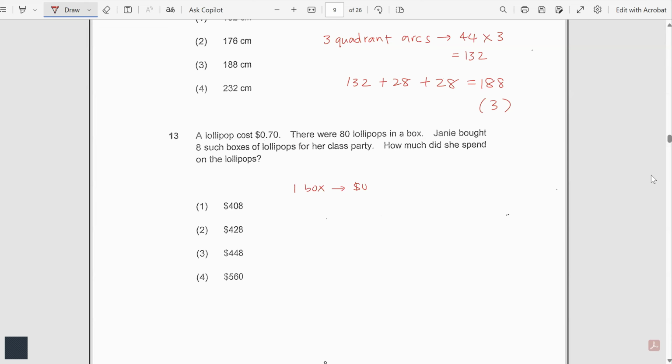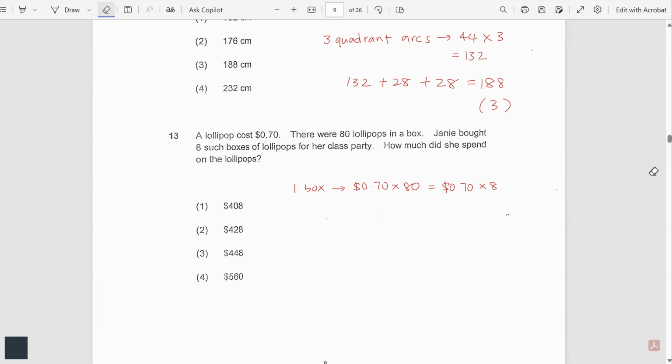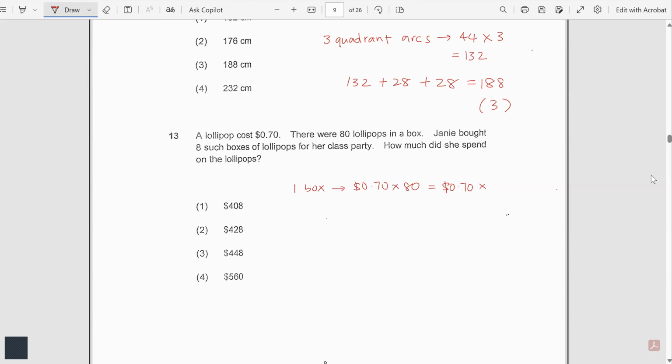So 70 cents multiplied by 80 of them. And 70 cents multiplied by 80, if you're not good with multiplication for decimals, you can split that up. Okay, let's do 10 first. Let's change the decimal to a whole number. So times 10, then times 8.